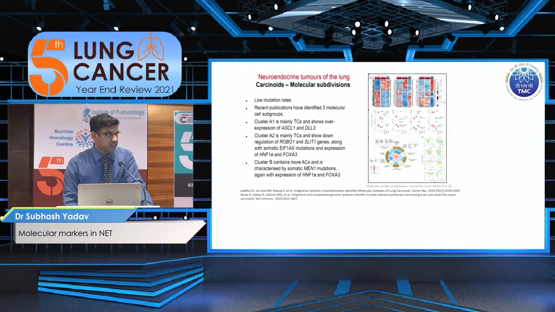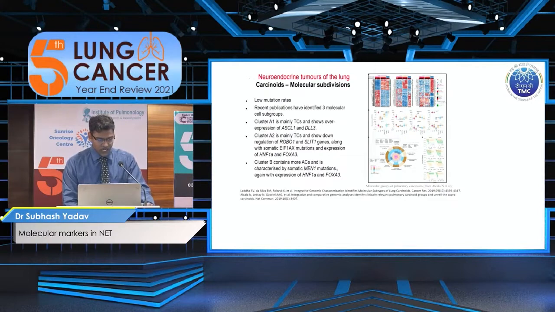neuroendocrine tumors of the lung, like carcinoids, they usually have a low mutation rate, and they have been divided into 3 molecular subgroups. One is cluster A1, the true carcinoid, which usually shows overexpression of ASCL1, DLL3. Then there is cluster A2, which has another set of mutations, ROBO1, SLIT1, as well as HNF1 and FOXA3.